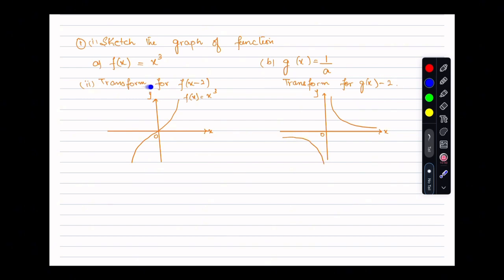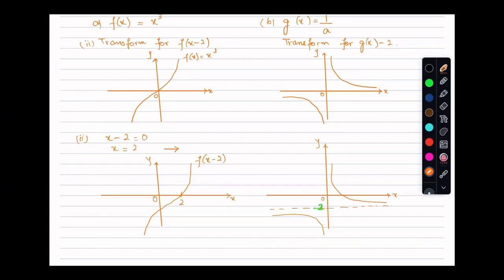Now, to transform for f of x minus 2: the function f of x equals x cube, which we have already drawn here, passing through the origin, should be transformed for f of x minus 2. This means that I should be transforming it horizontally by positive 2 units, as x minus 2 equals 0, so x equals 2.